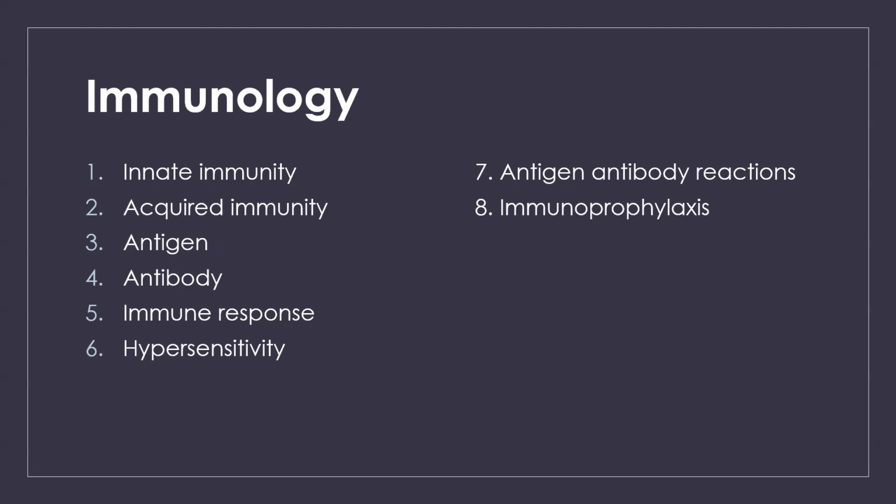Mostly there are chances of getting 2 marks questions from the antigens topic. Next, antibodies. The antibodies topic is very important. Most of the times you'll get short questions from antibodies, like either IgG or IgM or IgA. Any one of the antibodies will come for 5 marks, and sometimes for 2 marks also.